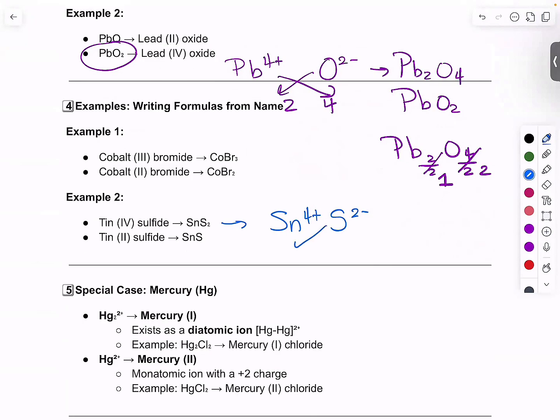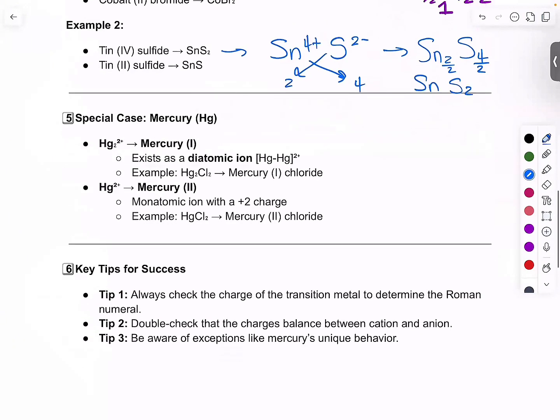We have the same situation where if we crisscross our subscripts, but that's not the final answer, right? We end up with 1 tin and 2 sulfurs. So divide by 2, SnS2 for that. Now we have a special case here.